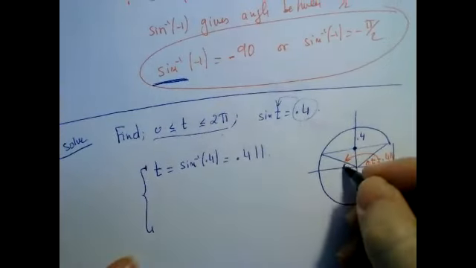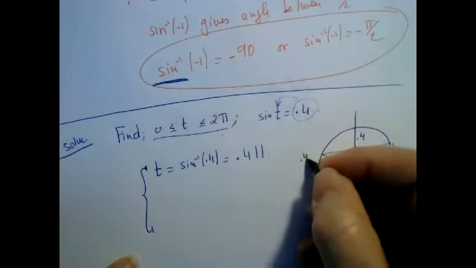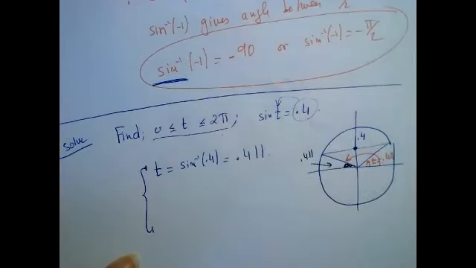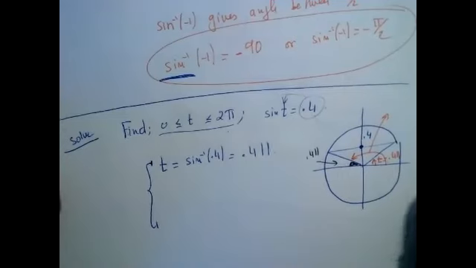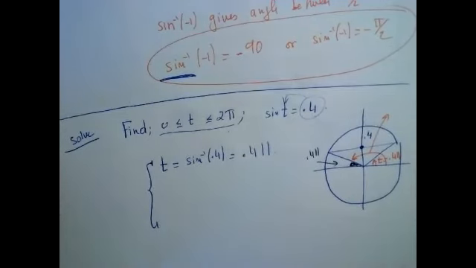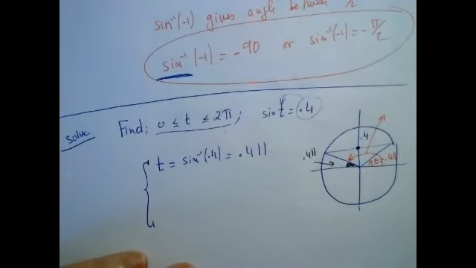It means this piece right here is also 0.411. So what's the angle in red? Who can give it to me? No, I don't want you to memorize. I want you to look at the picture. All of you, look at the picture. What's the other one?